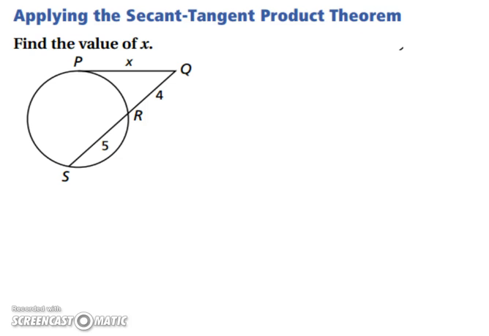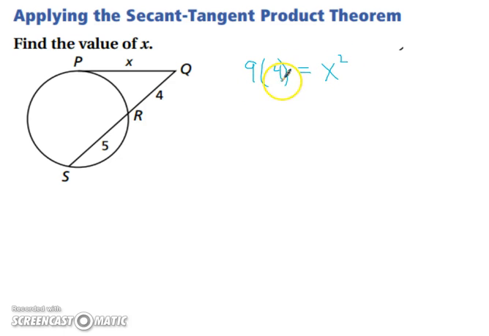Find the value of x. Well, we know that we have to have our whole, so in this case our whole is 5 plus 4, which is 9, times whatever our outside is, so this RQ, equals our tangent, so we have PQ, and then we want to square that, so x squared.